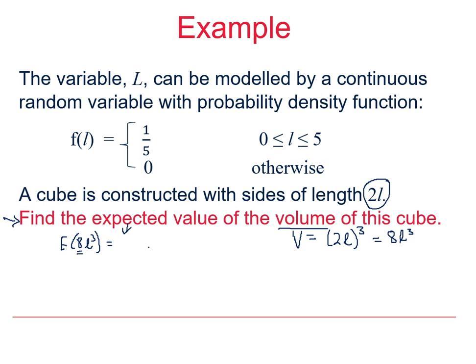If you have a variable multiplied by a constant, we can simply find the expected value of L cubed, which is going to be the integral between 0 and 5 of L cubed multiplied by f of L, the probability density function, dl, and that gives us 125 divided by 4.